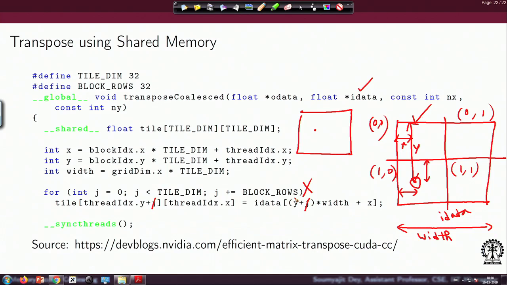So overall you have this shared memory that has been defined, right, and when you have this code here, this thread is essentially computing where exactly it is going to load from the input data.